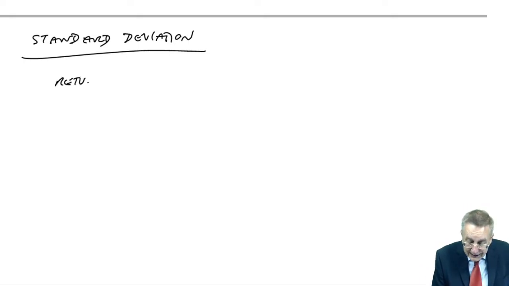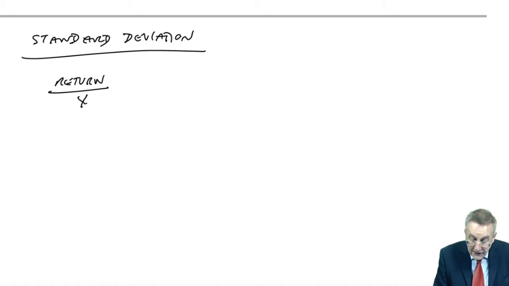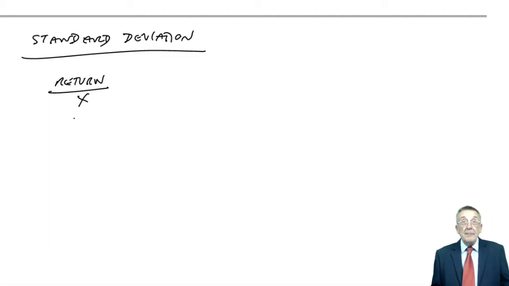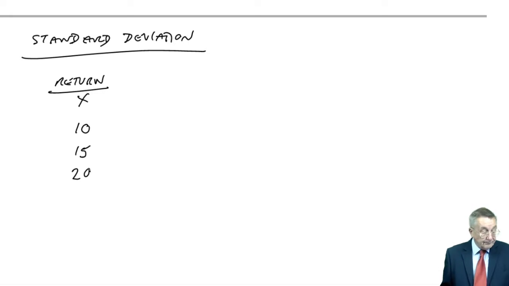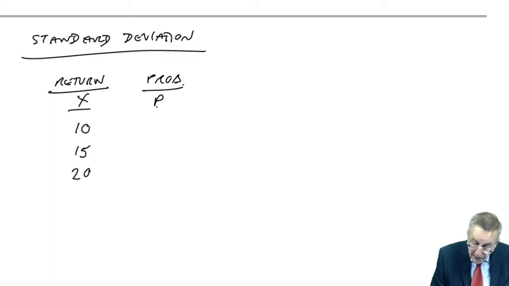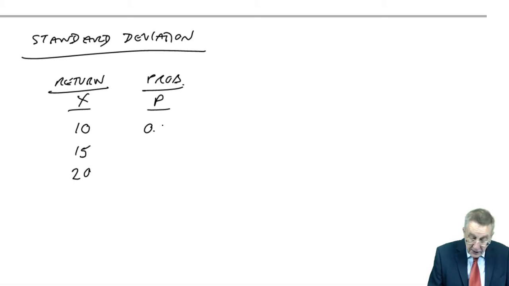The return, which for the formula I'm going to use, I'll call X. It could be in dollars, here it's in percentage, it doesn't matter. But it's either 10, 15 or 20. The probabilities, which I'll call P for probability, are 0.2, 0.5 and 0.3.